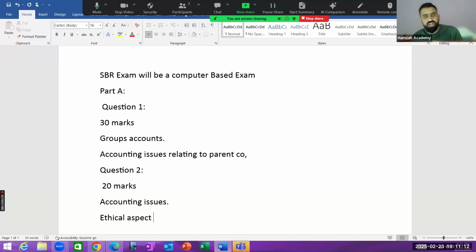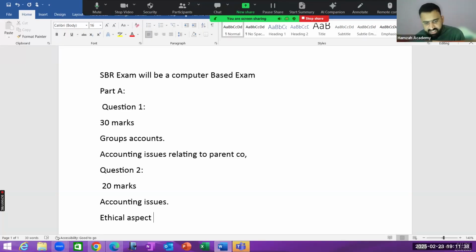At least 50% marks would be allocated to multiple accounting issues, maybe relating to provisions, IFRS 5, assets held for sale, discontinued operations, investment properties, IAS 23 borrowing costs, related parties, or segment reporting.